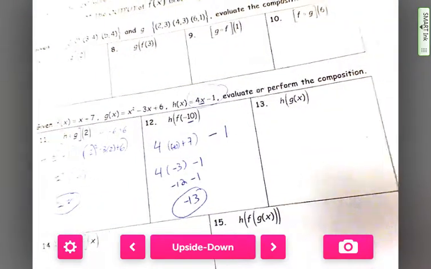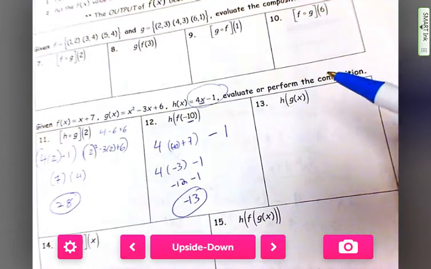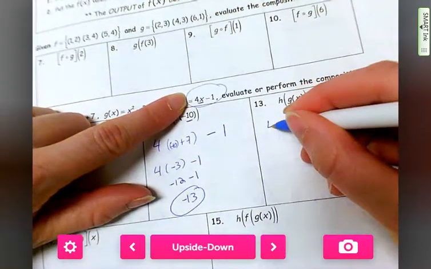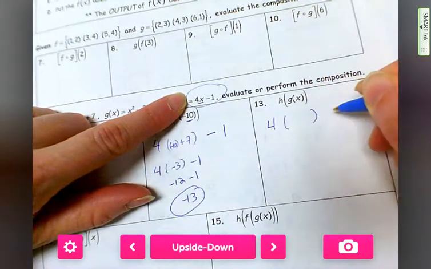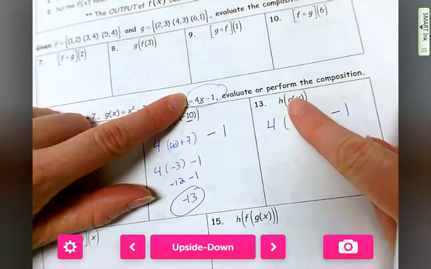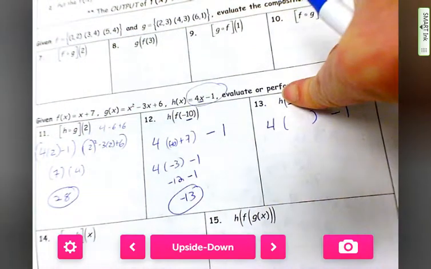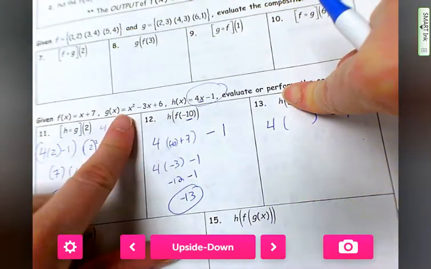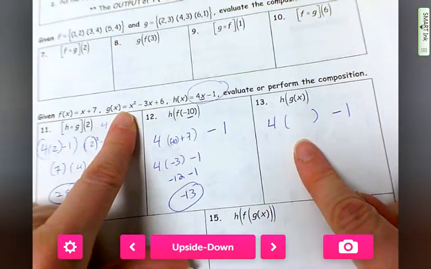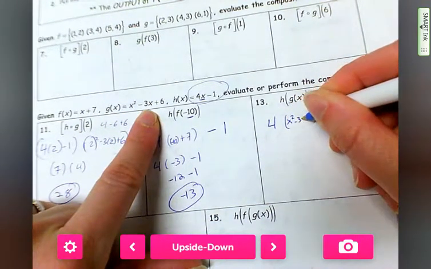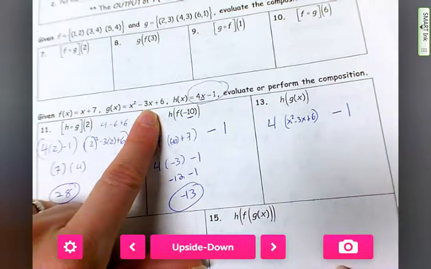Okay, we're going to look at 13. So we know what h is. H is right here. So see how I'm going to go 4 parentheses minus 1. Are we okay with the h part? And then g is x squared minus 3x plus 6. So I got to go x squared minus 3x plus 6 in the inside of it. Okay?